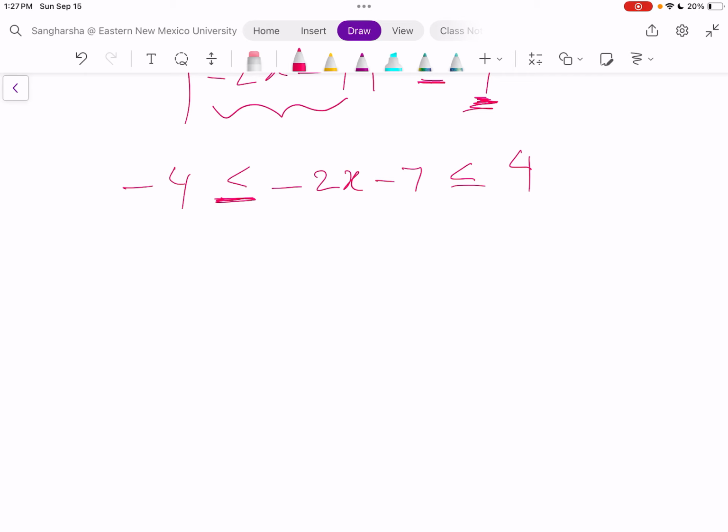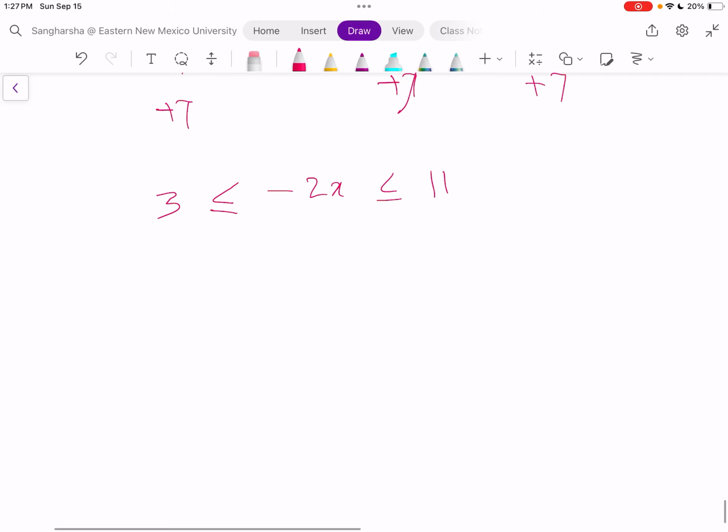So let's add 7 to each expression. Negative 4 plus 7 is 3, less than or equal to, this is 0, negative 2x, less than or equal to 11. Now we get rid of negative 2, so we divide each term by negative 2. Whenever you are dividing by negative 2, your inequality sign flips.